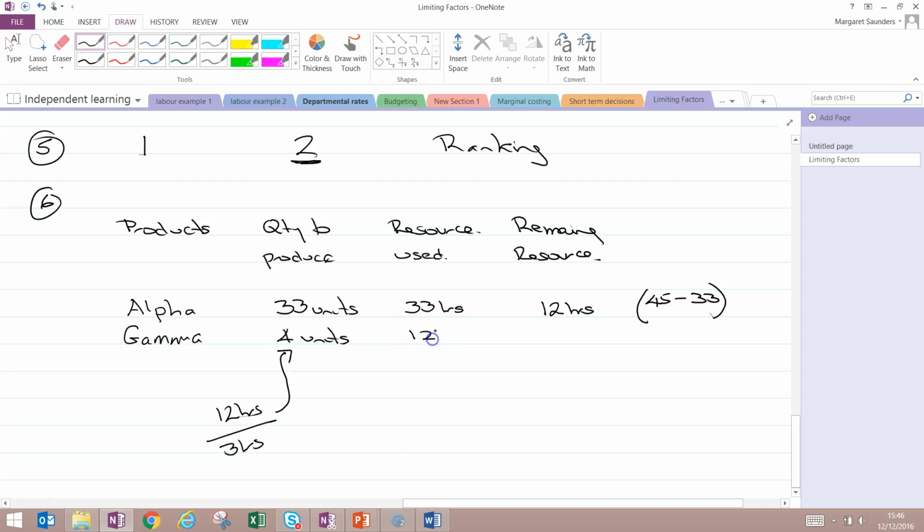That's used up the 12 hours and we've got nothing left over. So there's your calculation. With 45 hours of spraying time available, we will produce 33 alphas and we will produce 4 gammas. That will maximize the profits.